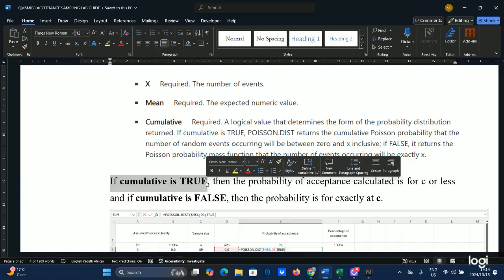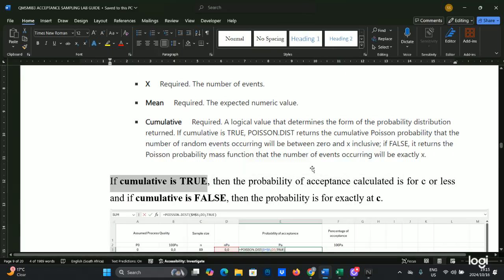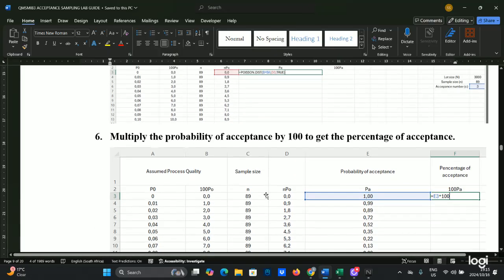But if you put it as false, you get the probability of acceptance at exactly that point. So if you're looking at the probability of acceptance at 2, you get exactly 2. But if you put it as true, you get 2 or less. That's very important. You're going to see how important it is when we're doing our double sampling plan.